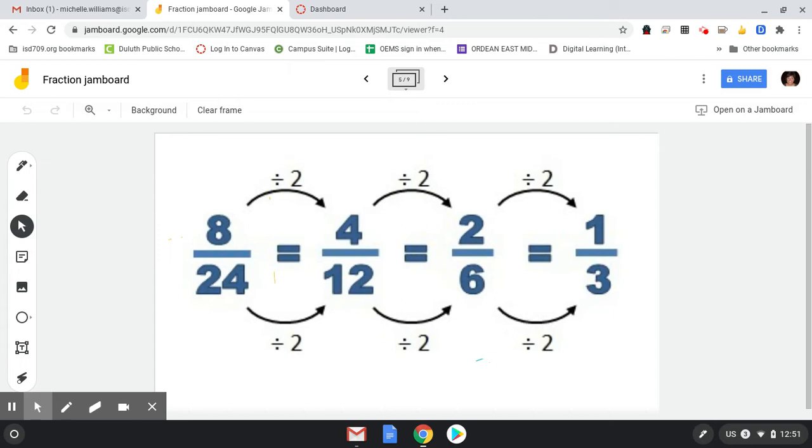We notice that both 2 and 6 are still even and can be divided by 2. So 2 divided by 2 is 1, and 6 divided by 2 is 3. So in this method, which works, they've just divided by 2 because the numbers were both always even.